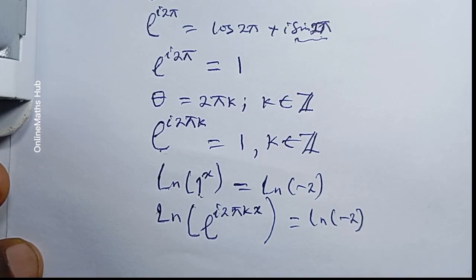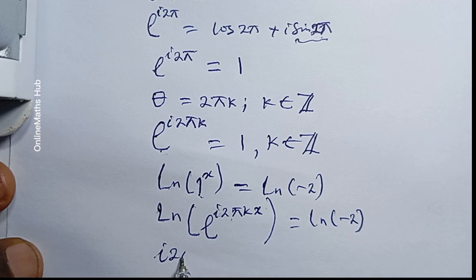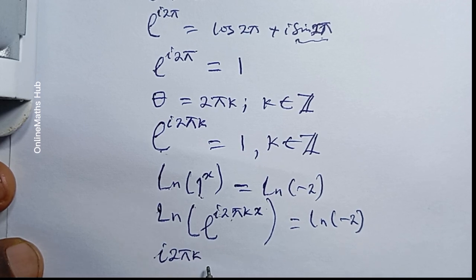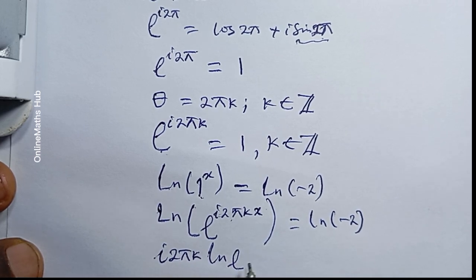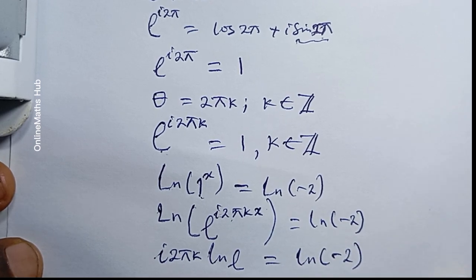Applying the property of natural log, I'm going to bring down these powers right here. So I have i 2 pi k, times the natural log of exponential, equal to the natural log of negative 2.